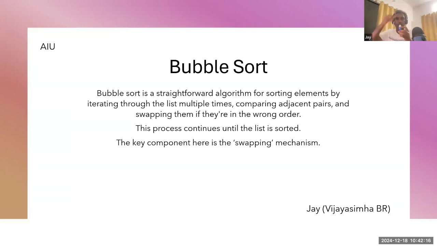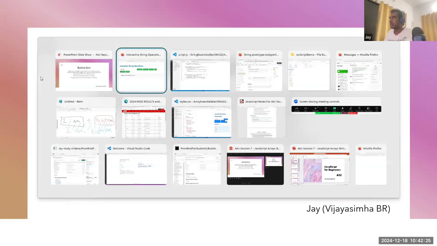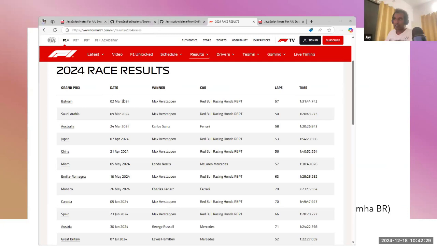Or if I wanted to reverse, the taller one comes first and then the shorter one comes next. So again, that is sorting. So we do sorting all the time. So again, in Formula One, if I go to that Formula One website, look at this. The first date comes first, then the next date, then the next date, then the next date, then the next date.